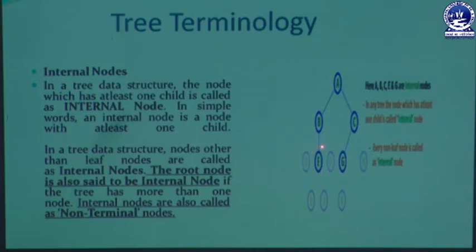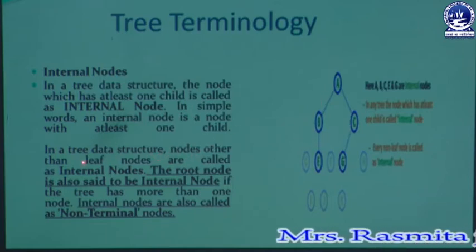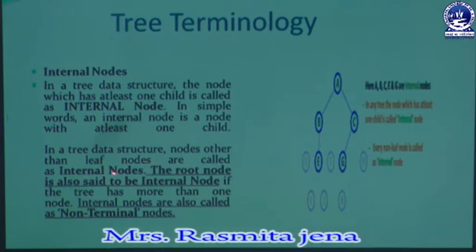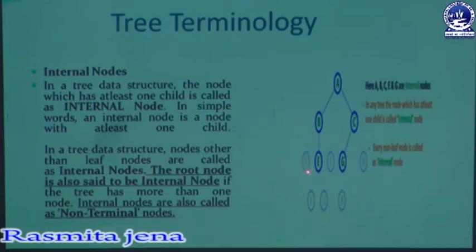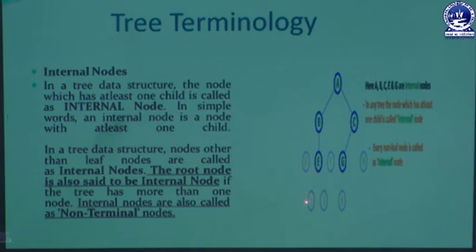So as per the definition we can say E, G, B, C and A are the internal nodes in this tree structure. In a tree data structure, the nodes other than leaf nodes are called internal nodes. If we leave out the leaf nodes, that means those nodes having no child, all other nodes are called internal nodes, including the root node.